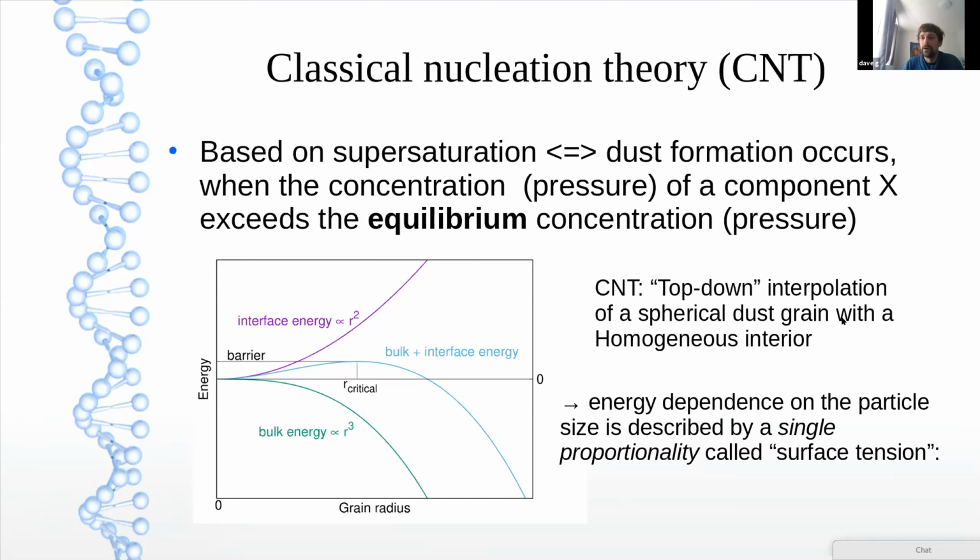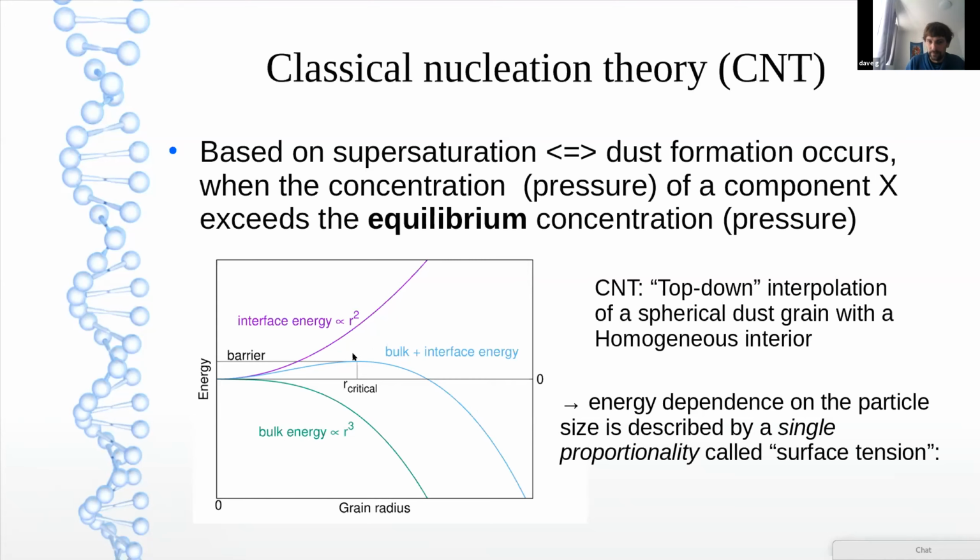Well, it's a top-down approach of a spherical dust grain with a homogeneous interior. Starting from large dust grain sizes, you have a curve that is characterized by a single energy dependence of the particle, which ends up in a certain critical grain size with the largest energy barrier, which corresponds to the bottleneck in classical nucleation theory.